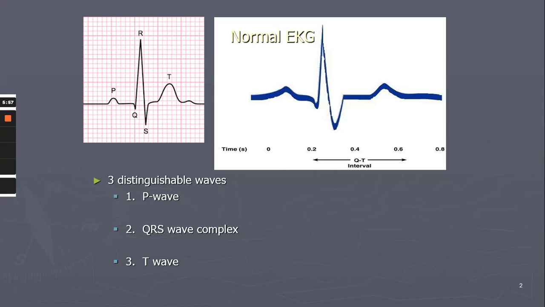The atria depolarized, they should be repolarizing as well. They are. However, when they repolarize is about right here, at the same time the ventricles are depolarizing. So it's masked by the QRS wave complex.